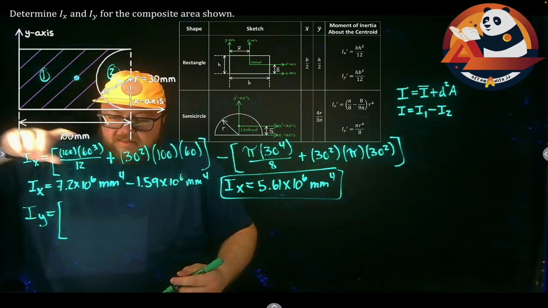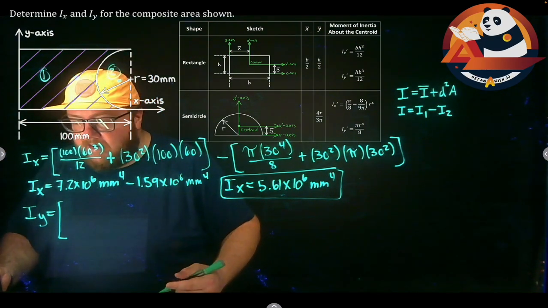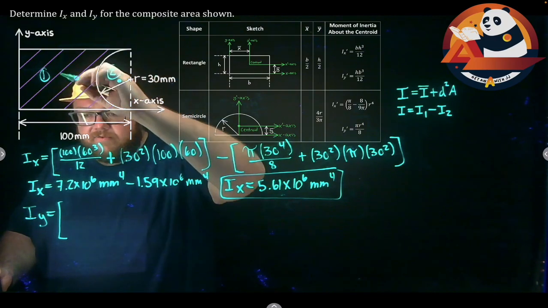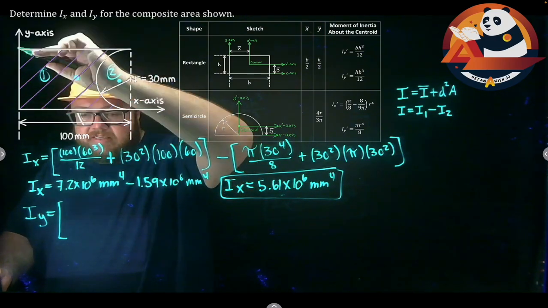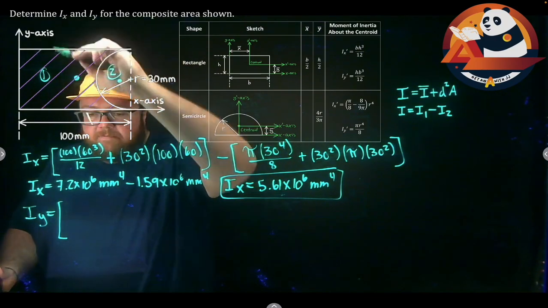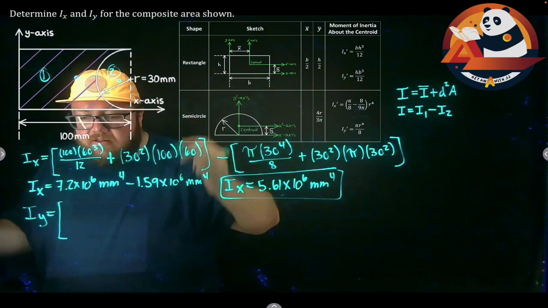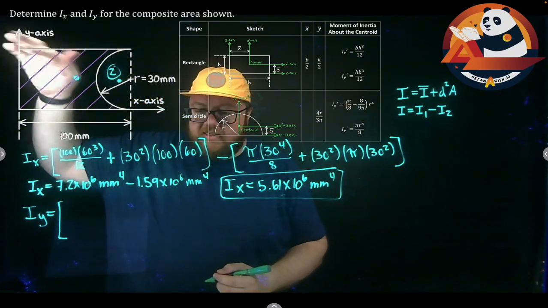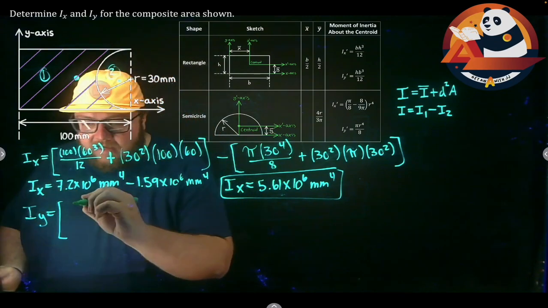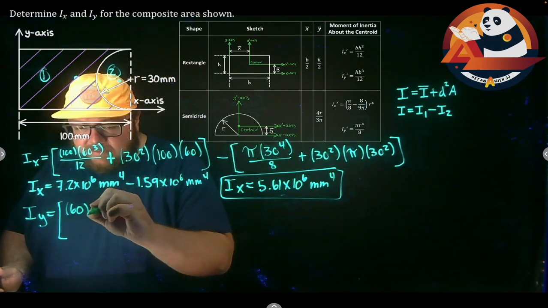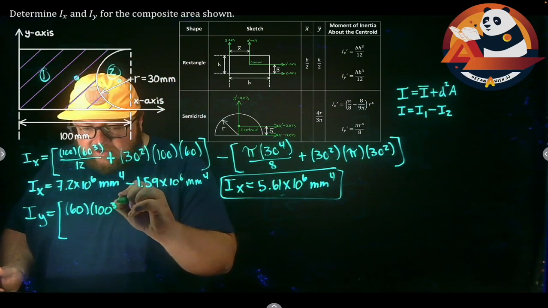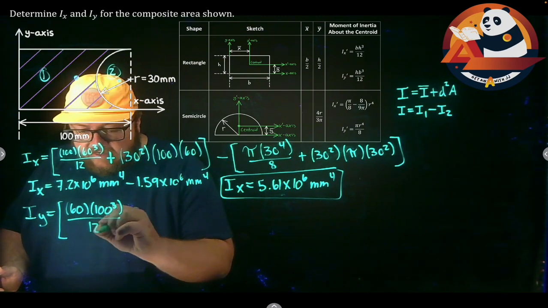Base always goes parallel to the axis of interest. So my base is 60, height is 100. So 60 times 100 cubed divided by 12.